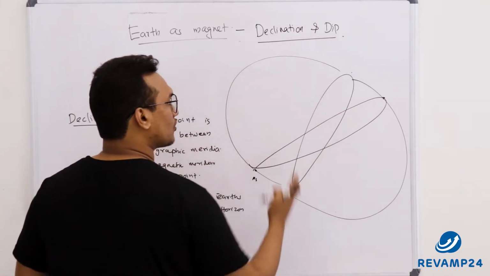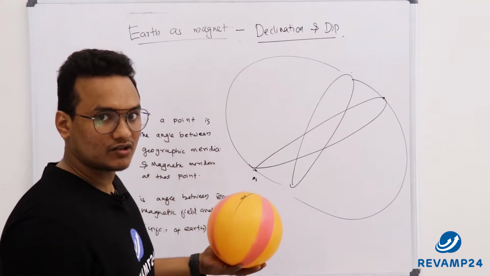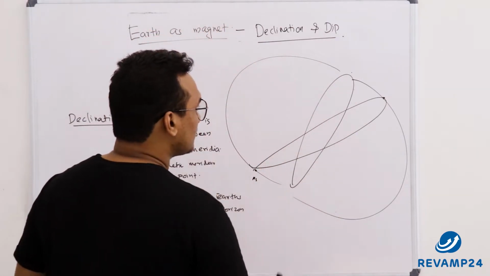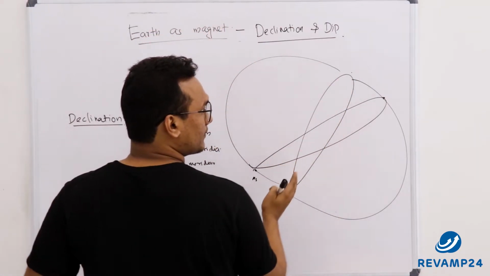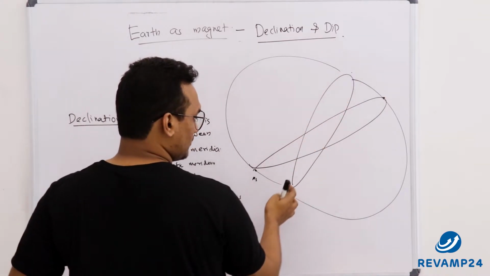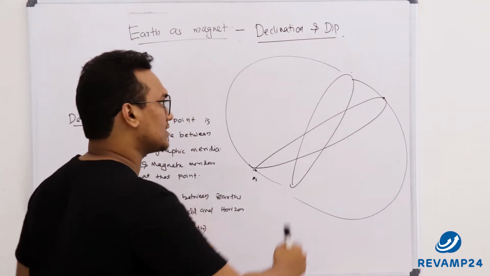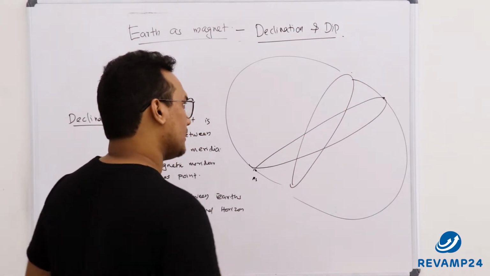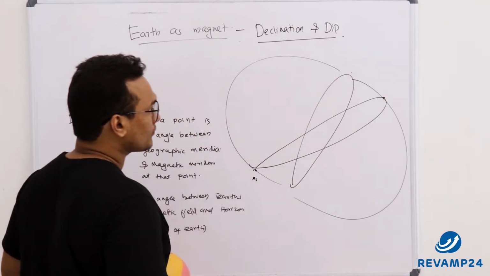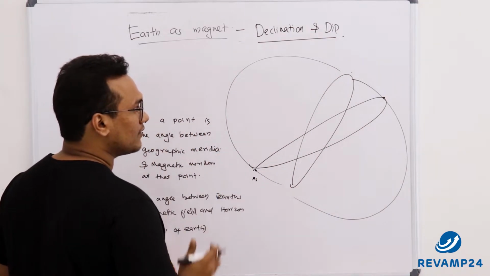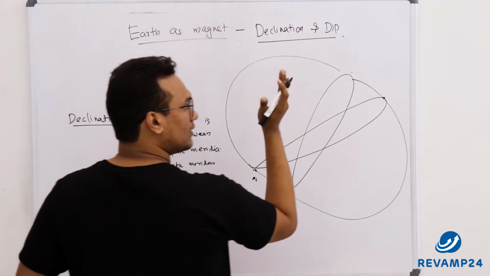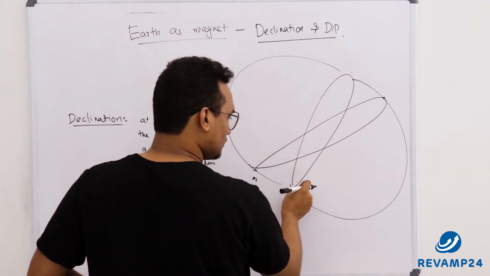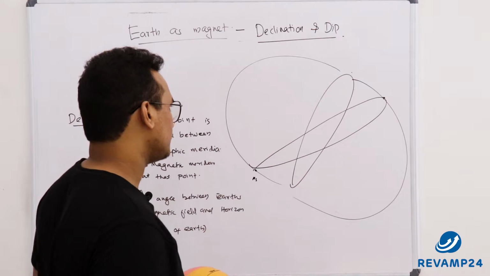This plane is called the geographic meridian. A geographic meridian is a plane obtained when we cut the Earth passing through geographic north and geographic south at that point.